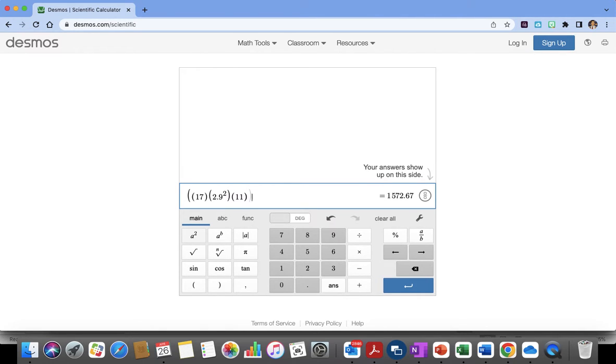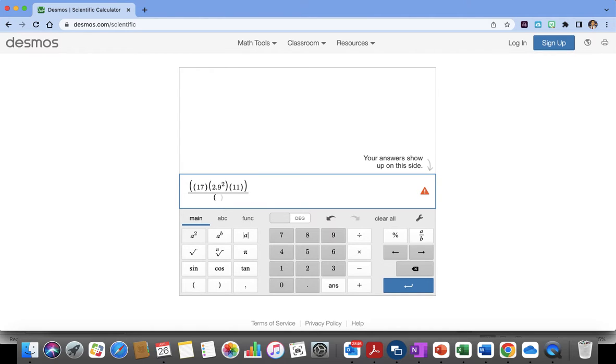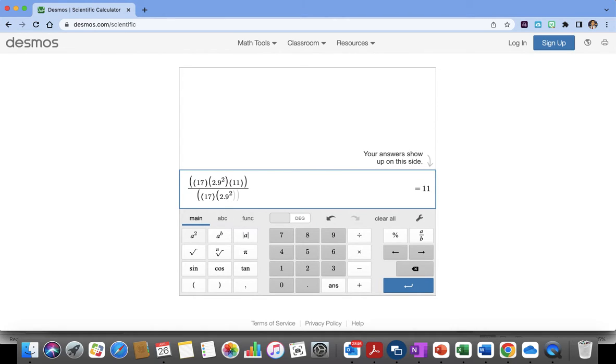You're going to divide that by 17 times 2.9 squared plus 2 times 4 times 0.91 squared.